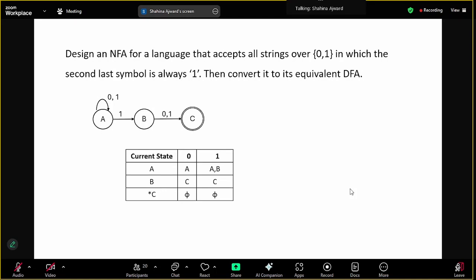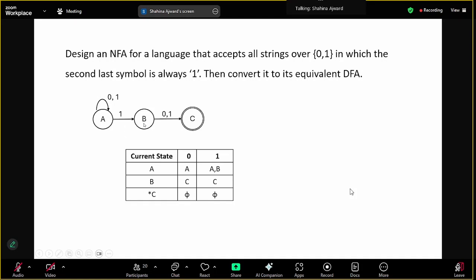So this is the state transition diagram, right? We have 3 states, A, B, C. C is our final state, so we put a star. From A, when it receives 0, it goes to A. When it receives 1, it goes to A and B, right?